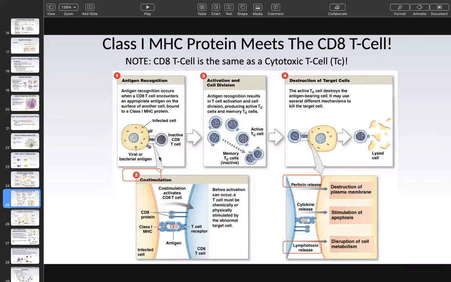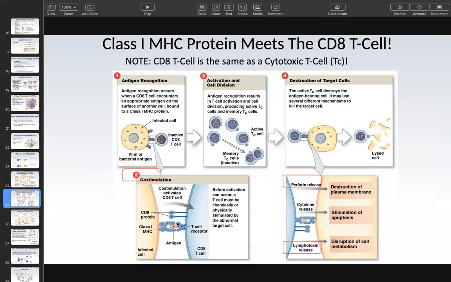What then happens is this epitope will draw in or attract a cytotoxic T cell, also known as a CD8 cell.